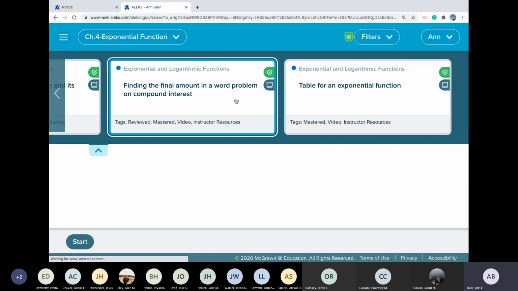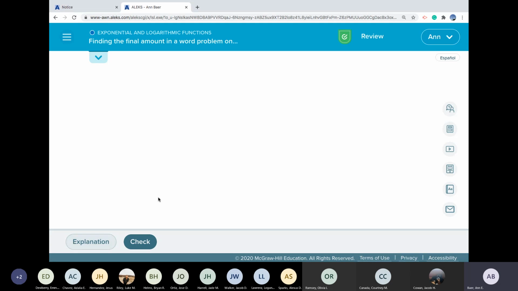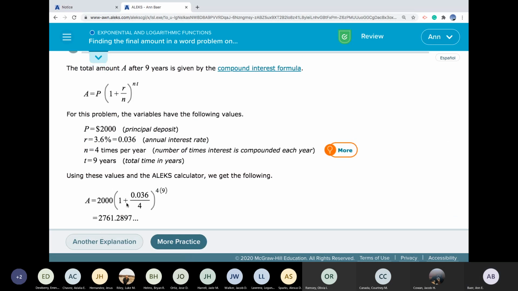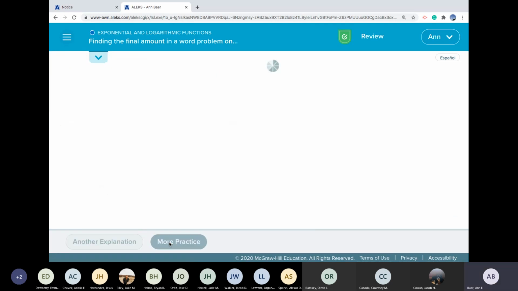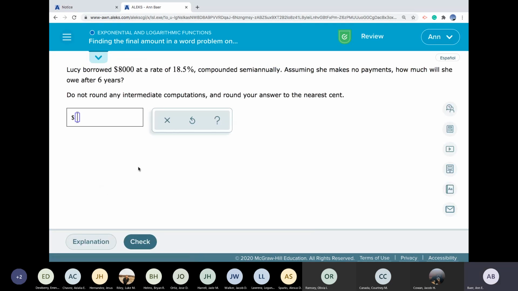Let's do this one. Find the final amount in a word problem on compound interest. And we will be seeing compound interest a few objectives from now again. It's not loading for me. I didn't think it was loading, so I clicked on it again.